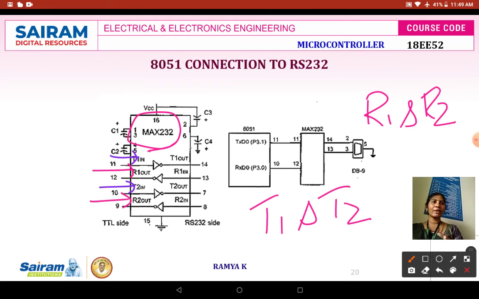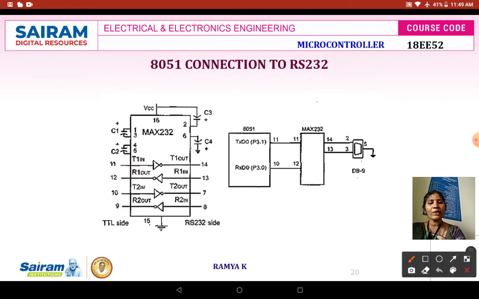For example, if I use T1 and R1 together, it is used for transmitting in channel 1 and receiving the data in channel 1. The second set can be left unused. So any one set can be used together for transmitting or receiving your data.